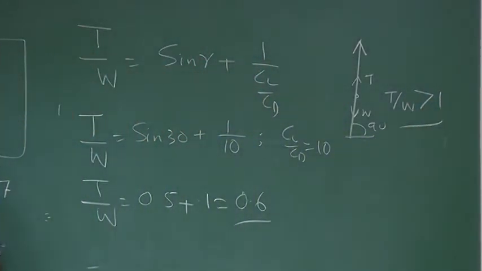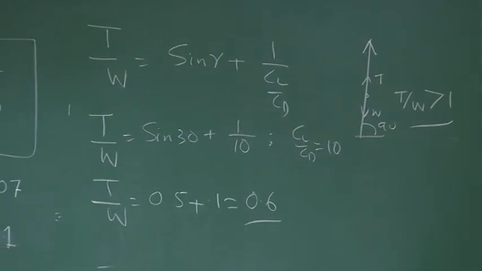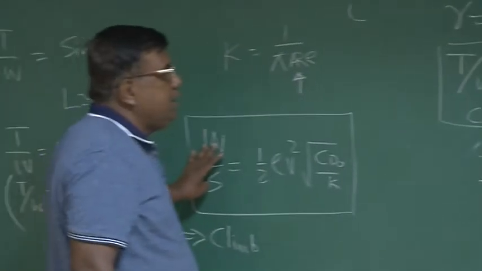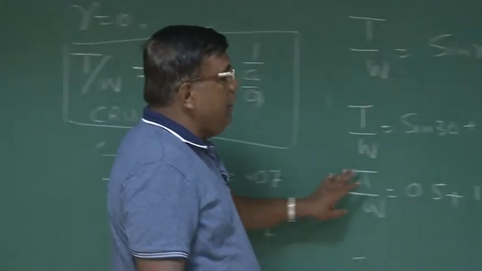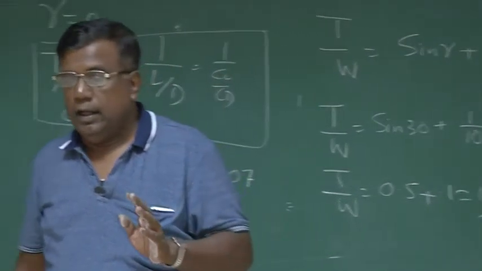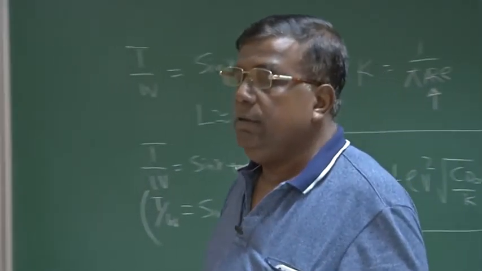A huge engine is required, huge thrust is required. So there are two important parameters. One you have seen, the wing loading, W by S, and the thrust loading, T by W, are extremely important parameters to design an aircraft. And you have a fair idea how to get an initial estimate of wing loading.